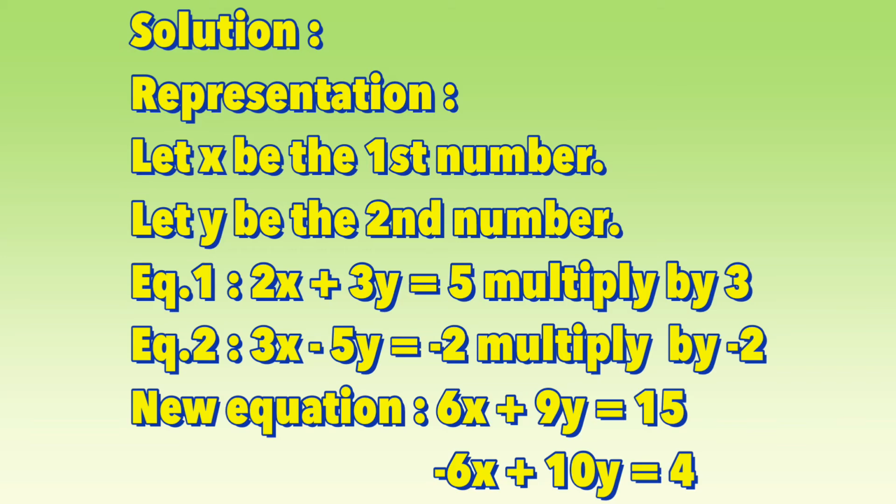And then the second equation is 3x minus 5y equals negative 2. This came from the statement, on the other hand, thrice the first number, diminished means minus, by 5 times the second number. The second number is y. That's why we have 5y equals negative 2.